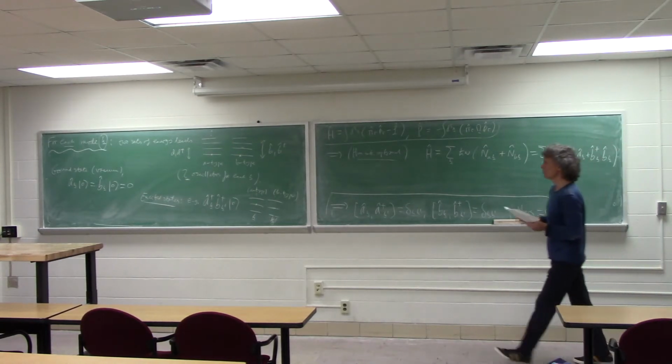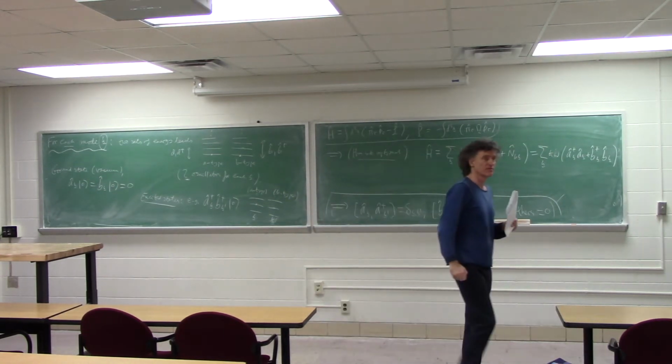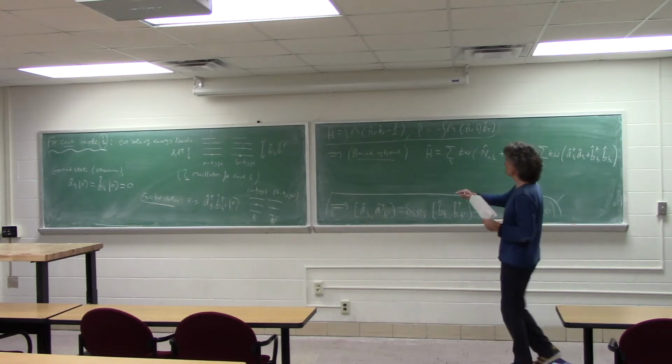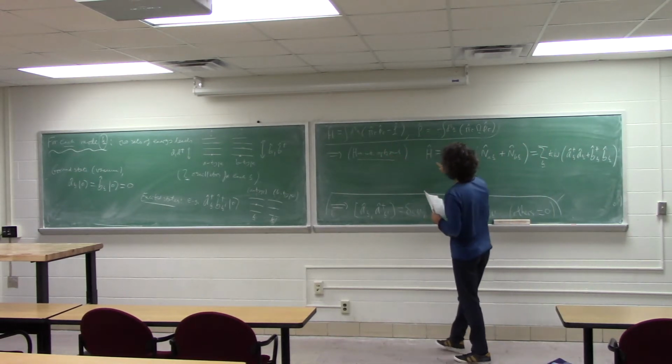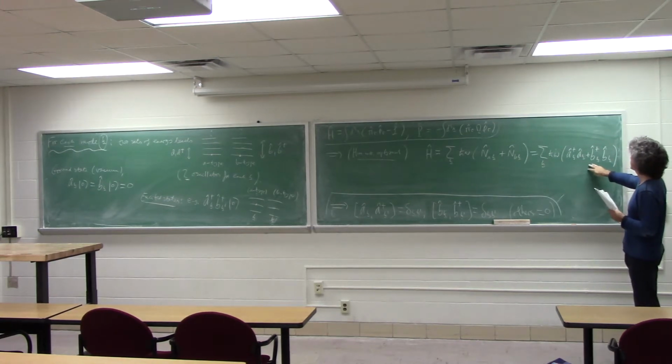So if you take the expansions for the field in terms of the A's and the B daggers, and substitute in and do the integration, you should find this expression. The total Hamiltonian operator can be written in terms of the A, A daggers and the B, B daggers.